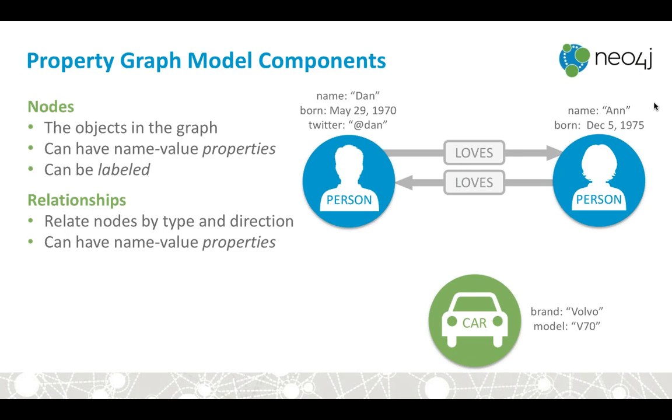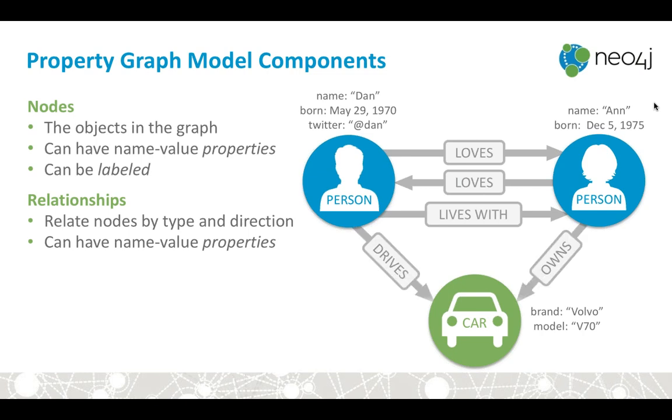So in this case, this person loves this other person, and luckily for Dan and Ann, that love relationship is mutual. They both love each other. It would be sad if it was only one direction. And Dan lives with Ann. And Dan and Ann both drive the same car.